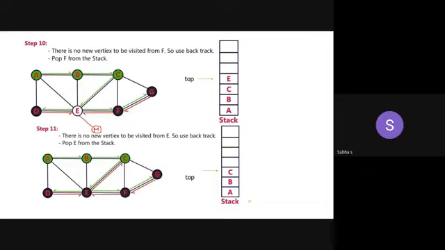It's not necessary that all the vertices should be closed. So you are backtracking to E, checking whether there is any unvisited node. Now M is unvisited, so you can place M here.